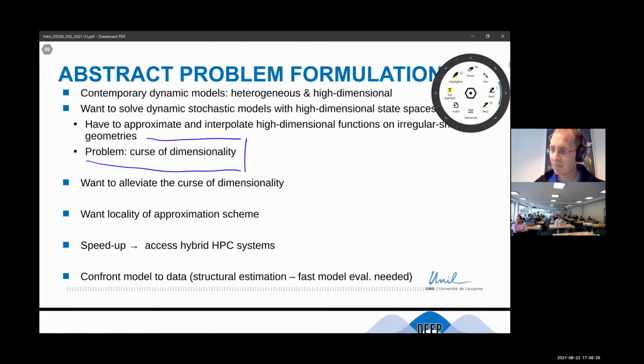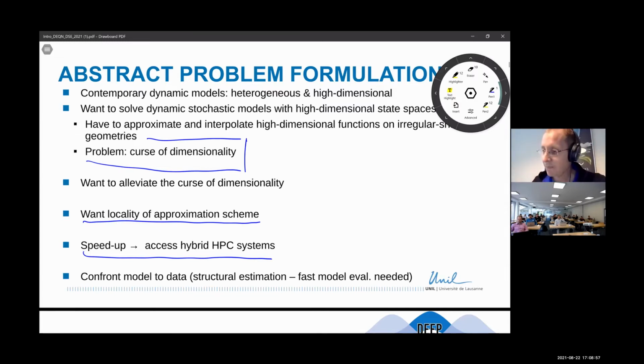It can deal with strong nonlinearities. So we want a method that can approximate policy functions that feature kinks, for instance. We want to have a computational method that potentially can also benefit from contemporary high-performance computing hardware, because as you will see, deep learning in particular can benefit from graphical processing units a lot.